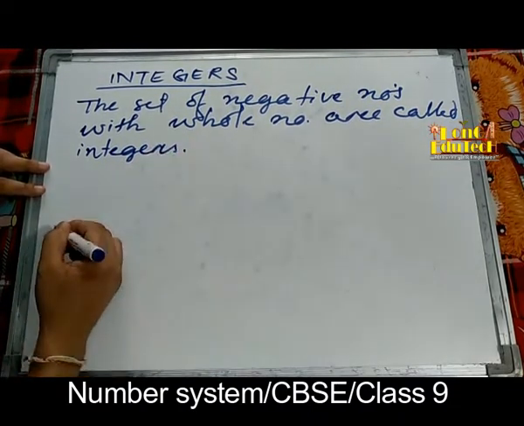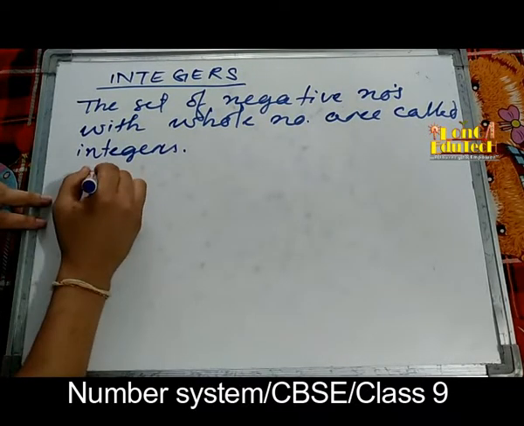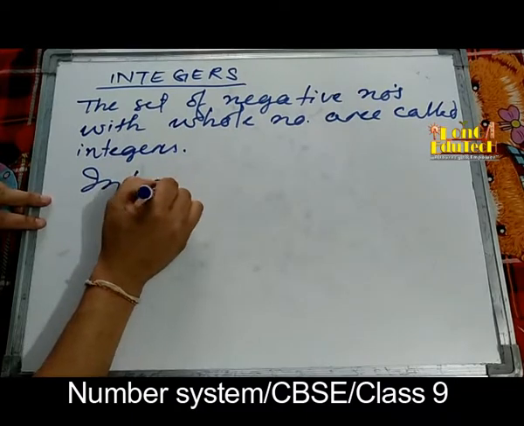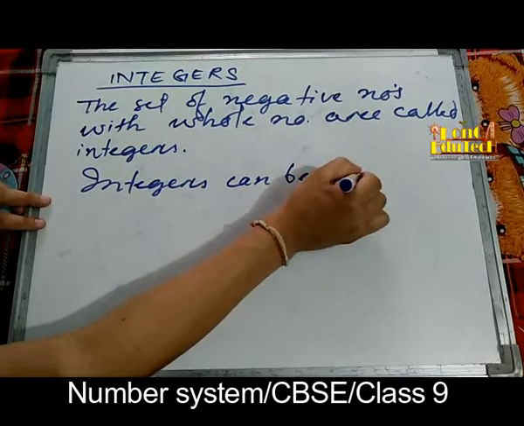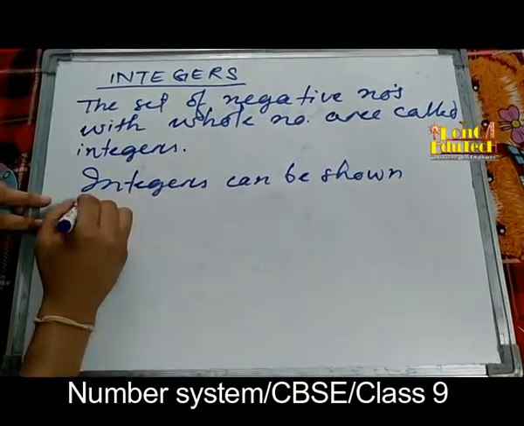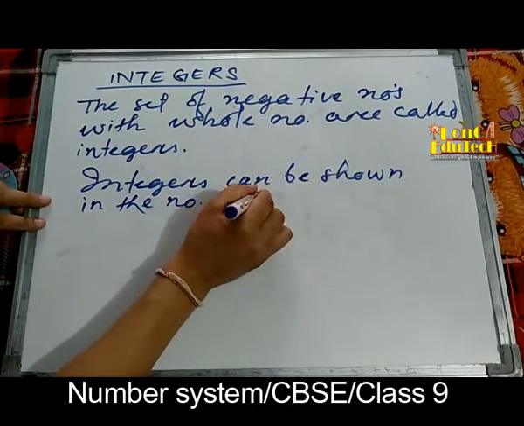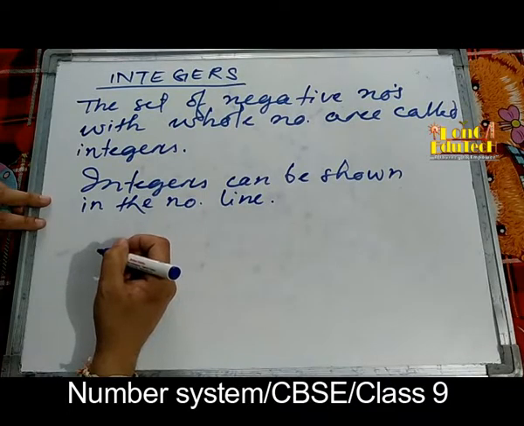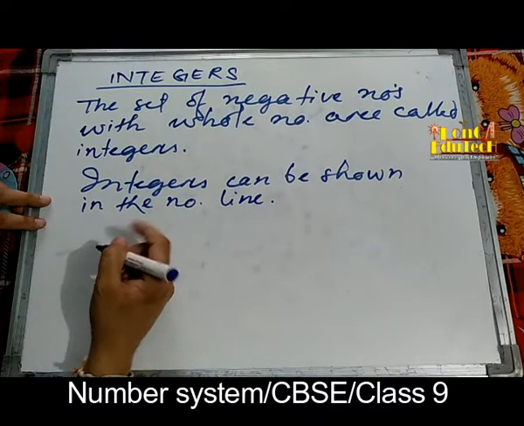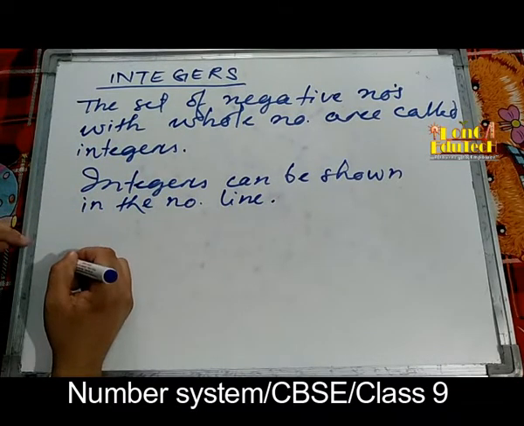And also we must know that integers can be shown on the number line. So this I will show you in the next topic, like the successive magnifications and all. First of all we have to know the integers. Here it says the set of negative numbers with whole numbers are called integers.